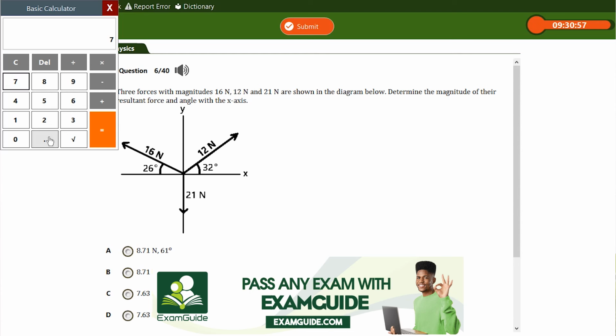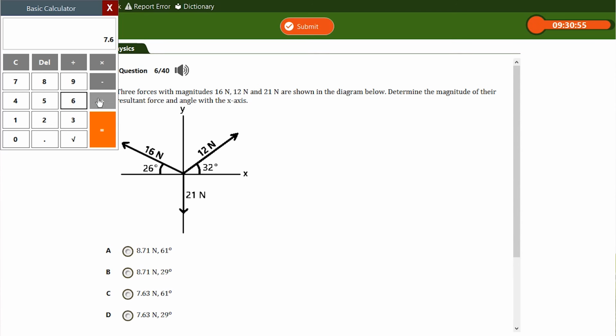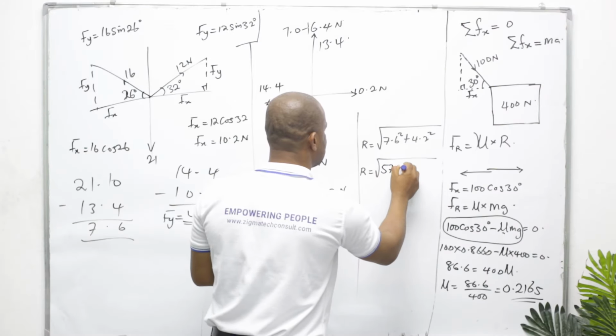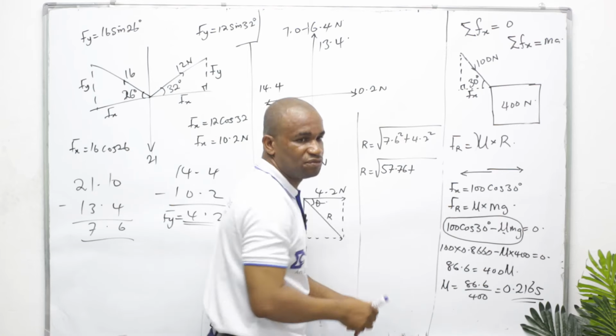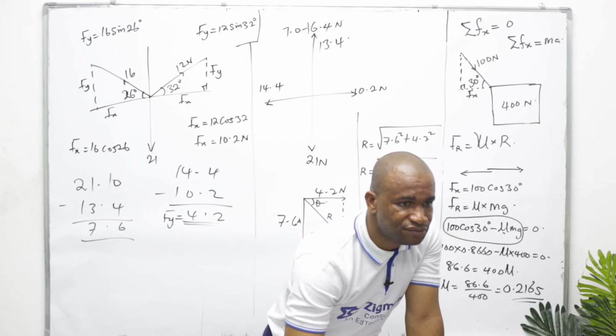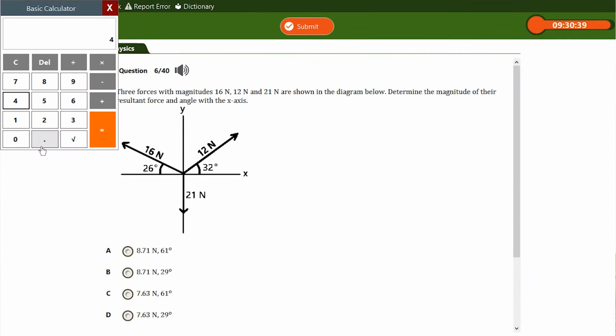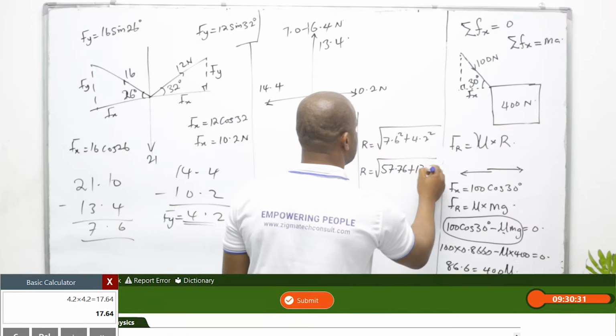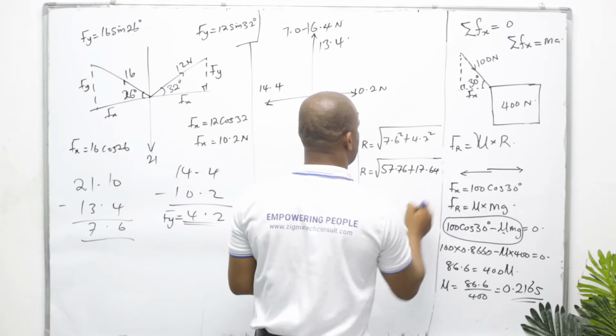So 7.6 times 7.6, we have 57.76. 57.76 plus 4.2 times 4.2, which is 17.64.